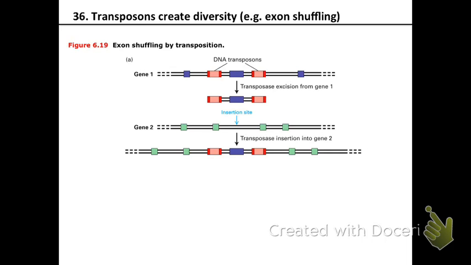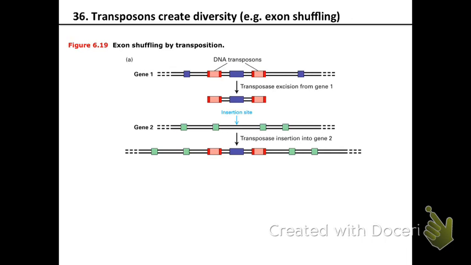There are other things that transposons can do that are amazing to our genome. One is called exon shuffling. What transposon insertion can do is take an exon and put it inside another gene and create another exon for that gene, right? So imagine a protein that has several different domains, and let's say one domain, like a DNA binding domain, was encoded from one exon.